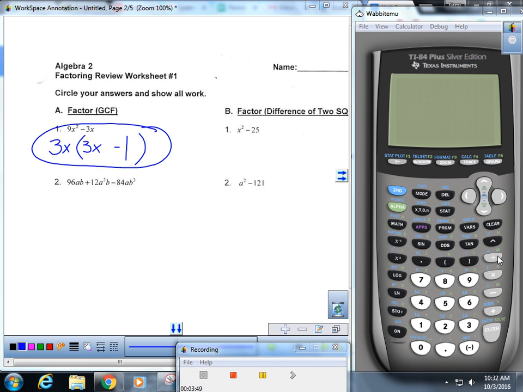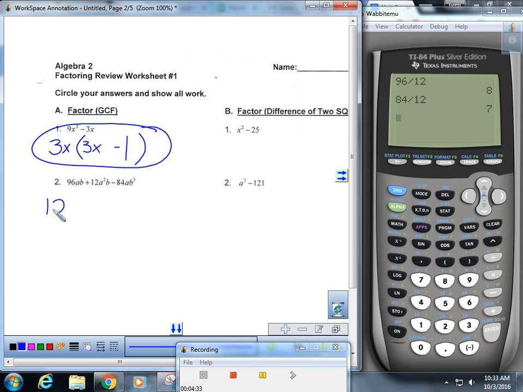I think 12 goes into all these numbers, so let's try it. What is 96 divided by 12? It's 8. What's 84 divided by 12? I think it's 7. Yes, okay. So, now we know that the largest coefficient that we can pull out of all 3 of these terms, this is a trinomial, is 12.